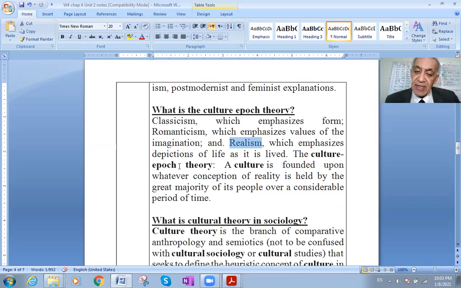The culture epoch theory says a culture is founded upon whatever conceptions of reality are held by the great majority of the people over a considerable period of time, over a long time.